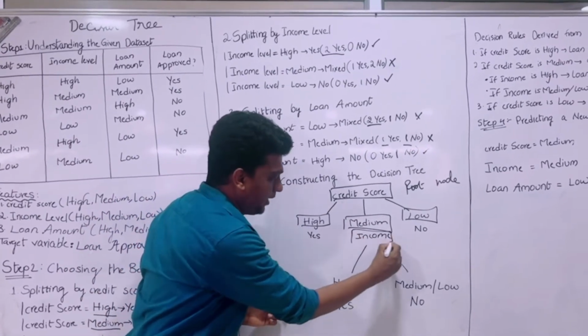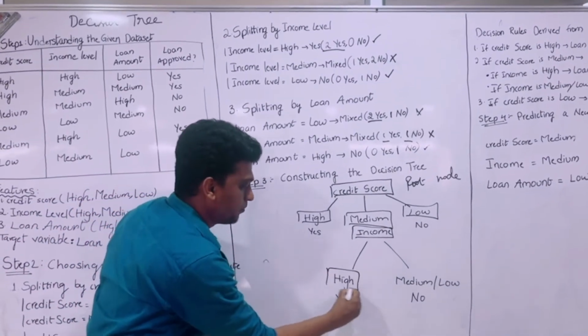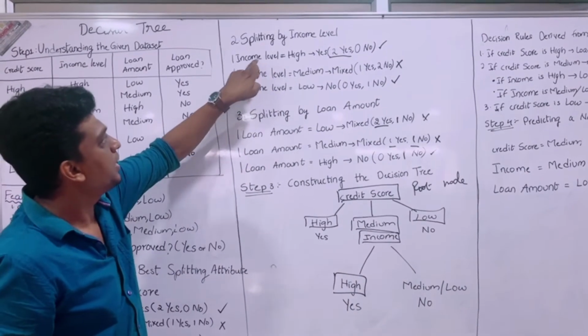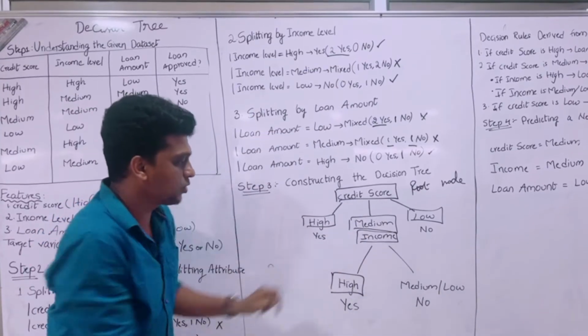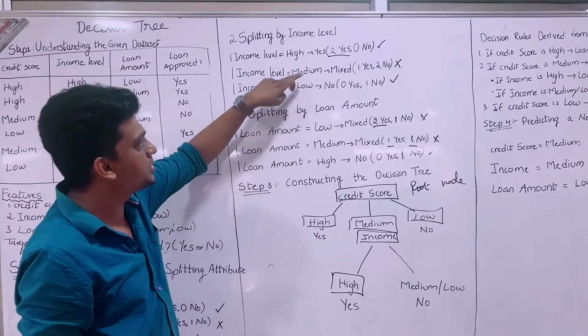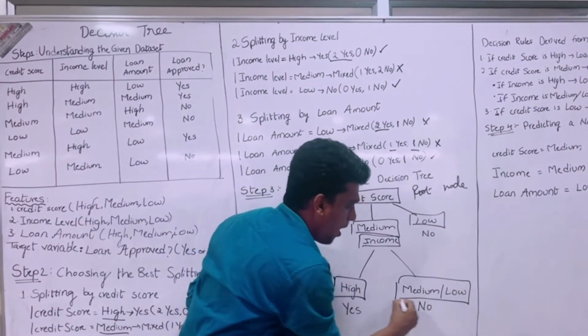In the income level we have two categories. One is high; if it is high, the answer is yes, because here you can see when the income level is high, the loan has been approved. So directly they will approve. And when the income level is either medium or low, the loan will not get approved.